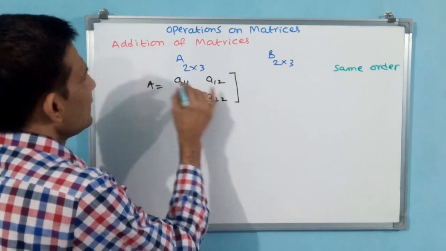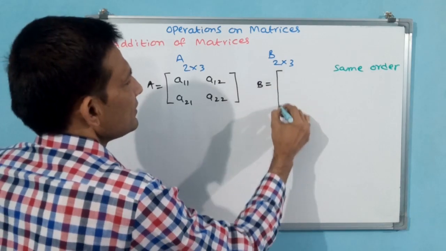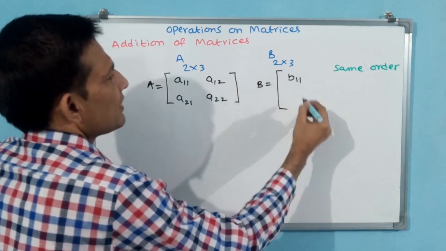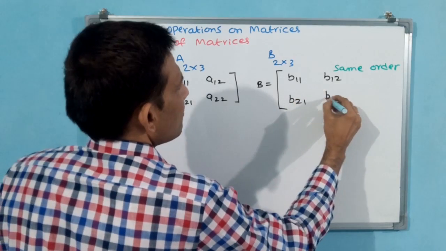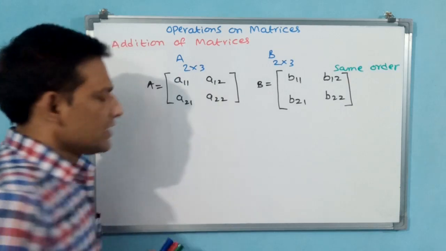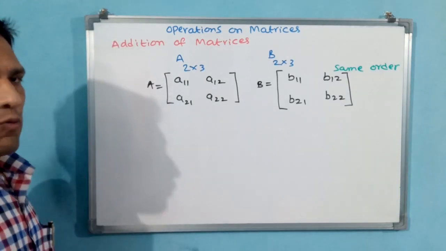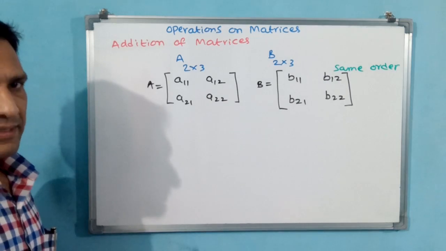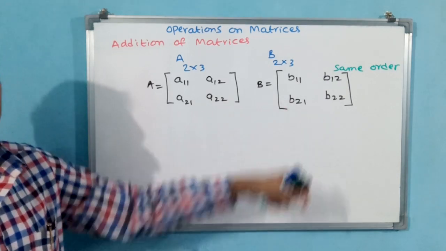This is matrix A, and also B is equal to B11, B12, B21, B22. This is another matrix B. We have to add both matrices. Why? Because both are the same order, 2 by 2 and 2 by 2.